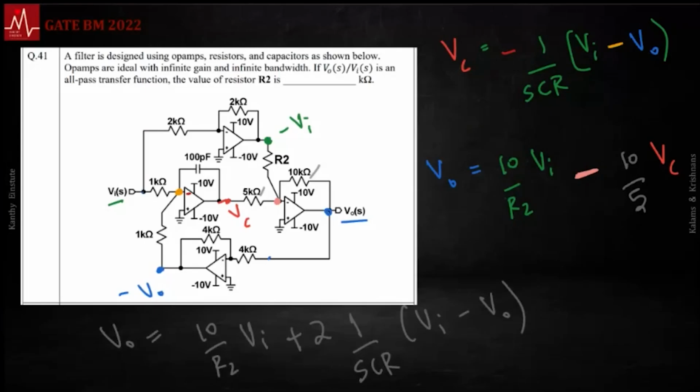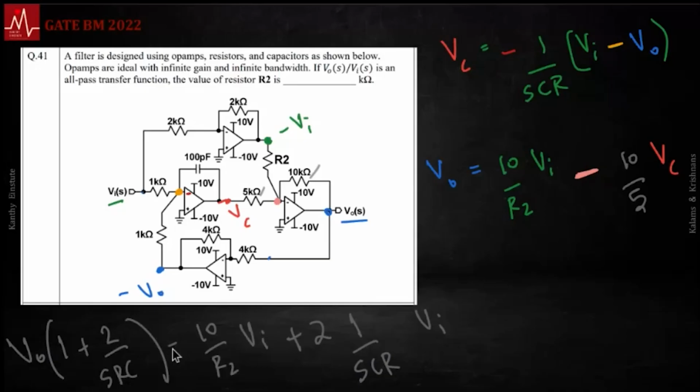If you rewrite this, take the V naught outputs to one side and leave the inputs as such. This is the input part. The output part will be, you already have a V naught, that had a coefficient of 1, and then minus 2 SRC comes to the side.